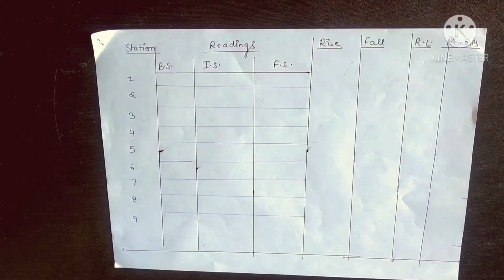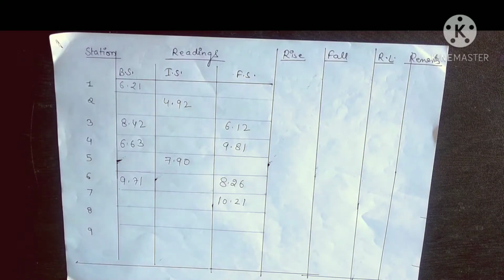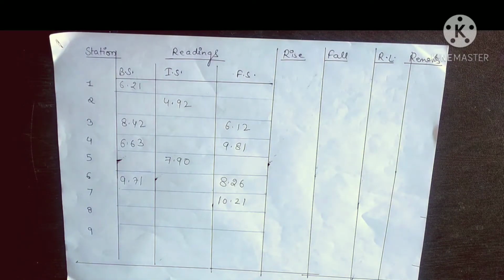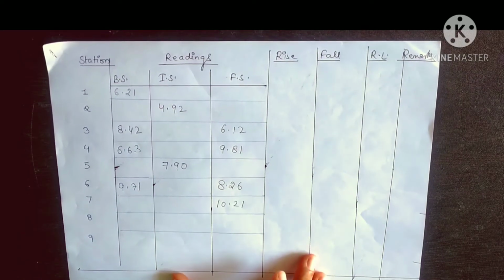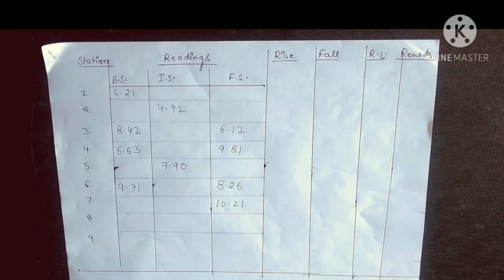Now let us look at another question by rise and fall method. So first of all we have to note down the readings of this question. The readings are given as such: BS, IS and FS. For rise and fall, calculate previous reading minus next reading.